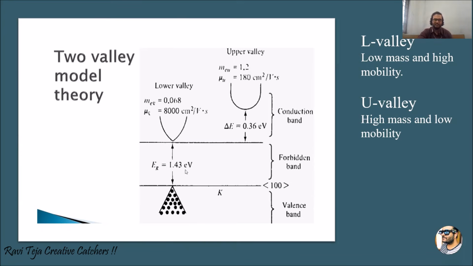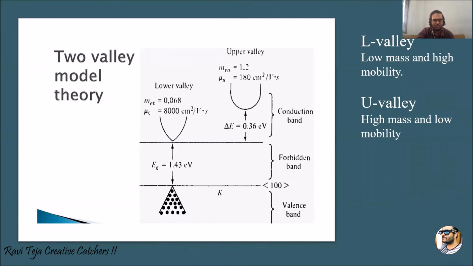So initially, as the voltage increases, the electrons from the valence band move to the forbidden band. As we know, we have seen the VI characteristics of the Gunn diode, right? As the voltage increases, the current also increases, and the electrons start moving from the valence band towards the forbidden band. Now, when the electrons are in the forbidden band, as the voltage increases, the current also increases, and the electrons start moving from the forbidden band to the conduction band, which is the lower valley.